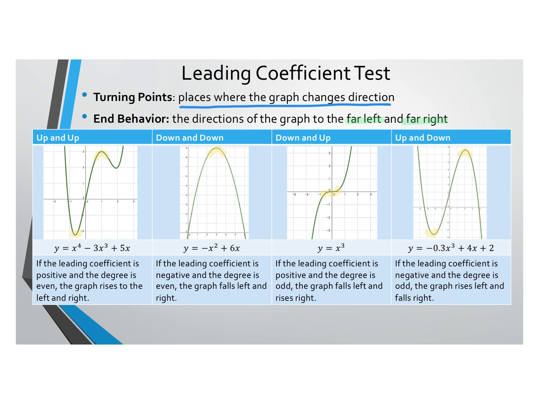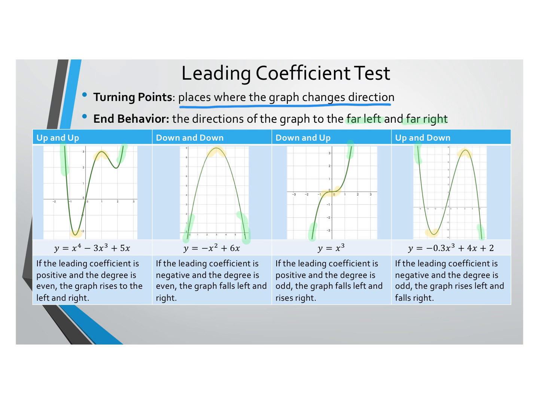So we can have 4 different things that can happen. On the far left, notice we are increasing, and on the far right, we are increasing. In the second picture, we are going down on the far left and down on the far right. In the third picture, down on the far left and up on the far right, and then up on the far left and down on the far right.